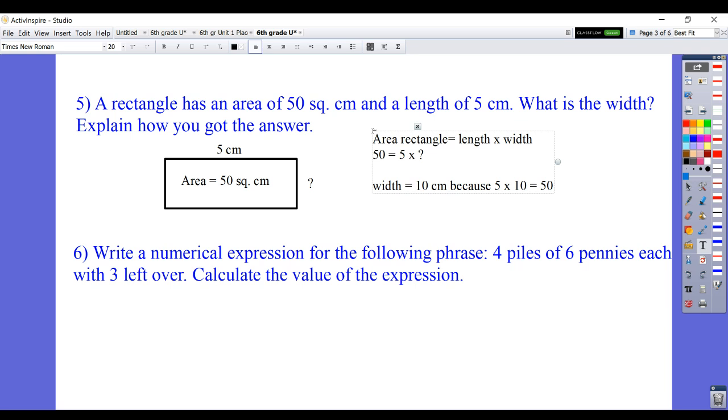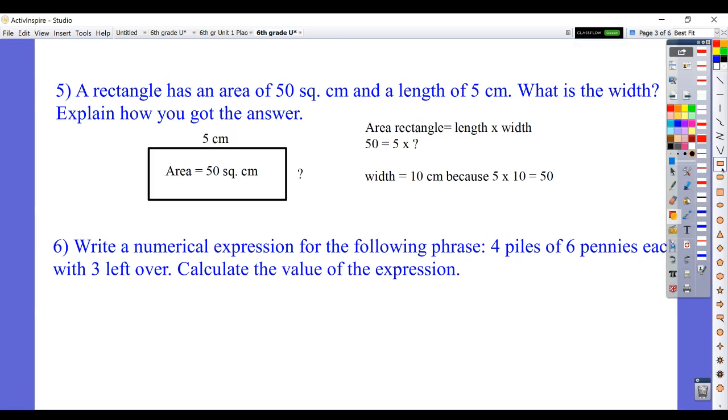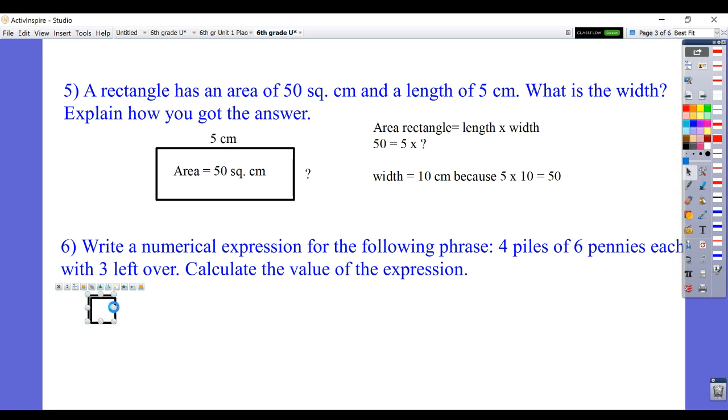All right, then they want a numerical expression for this phrase. Now, we did talk briefly about this in the quiz review, but I'm giving you another example of that. So 4 piles of 6 pennies each with 3 left over. 4 piles of 6 pennies each. So again, if you want to make yourself a quick sketch, all right, we have 4 piles, which I just usually use a box to show that.